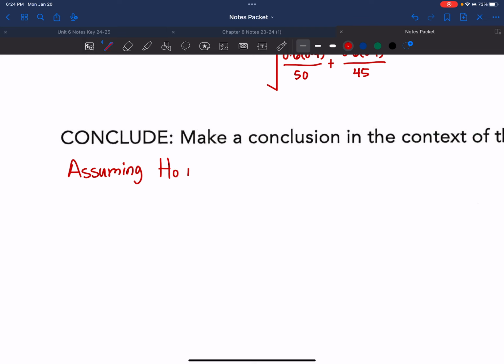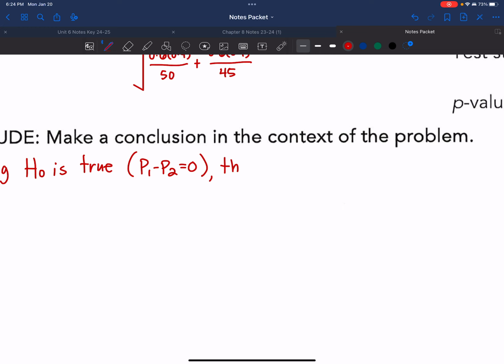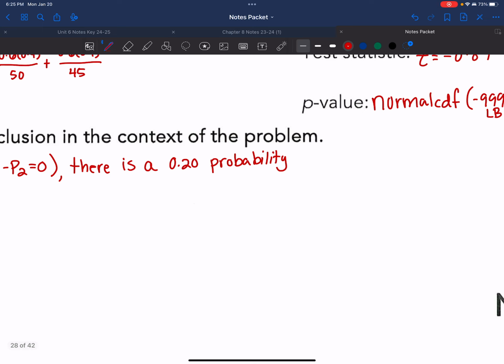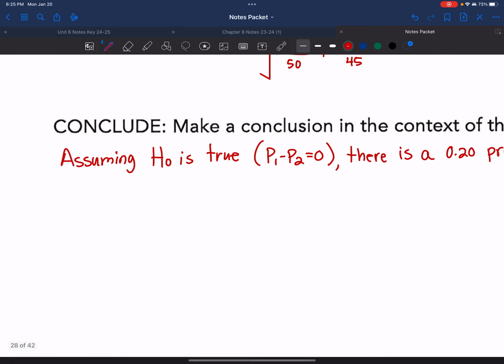So assuming the null is true, in other words, p1 minus p2 is equal to 0, there is a 0.20 probability of getting a p1 minus p2 of negative 0.084 or less purely by chance.